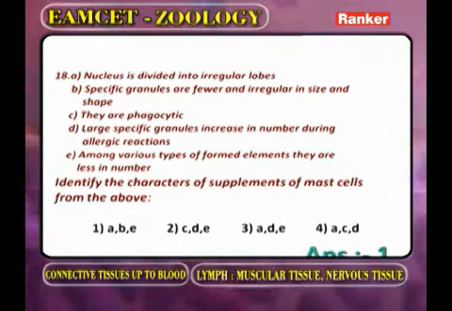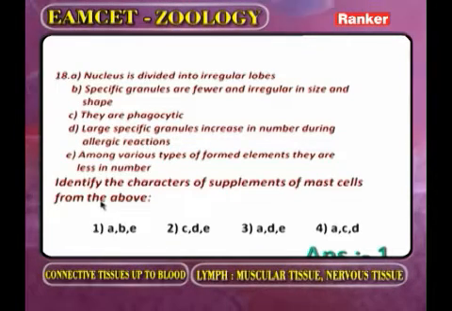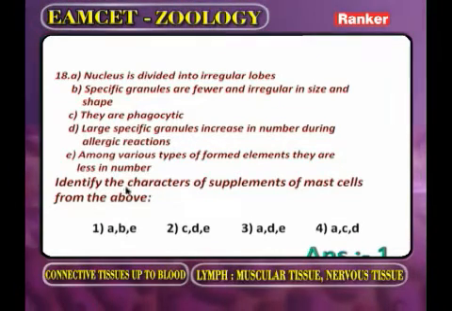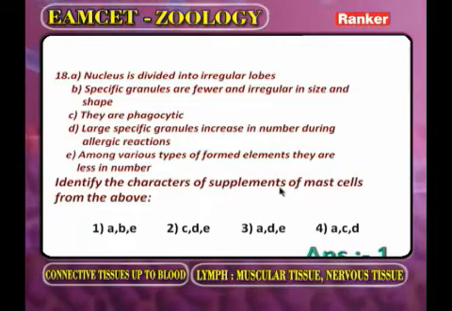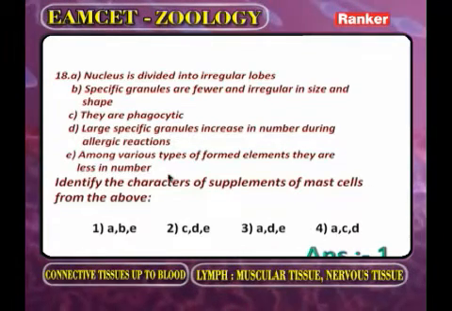Now here in this question, they have given some statements, but we don't know what the statements are regarding. Now you have to identify the characters of supplements of mast cells from the above. Now once again, you have to observe this statement. Identify the characters of supplements of mast cells. Now how to get the answer for this question?